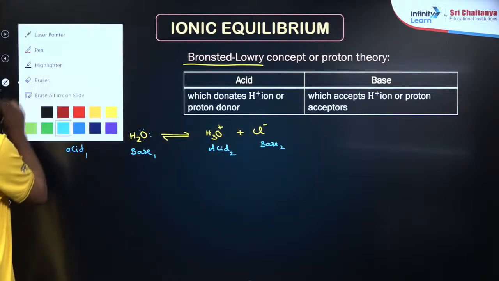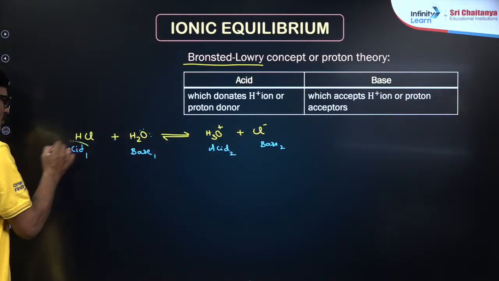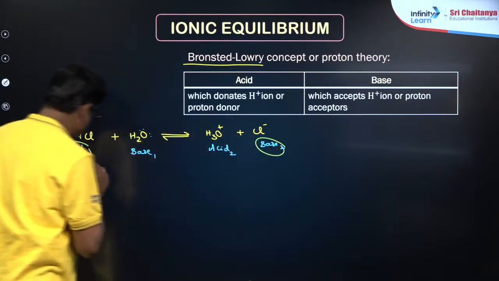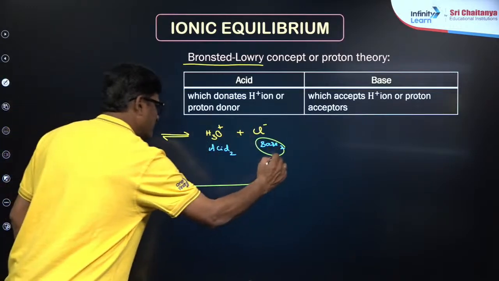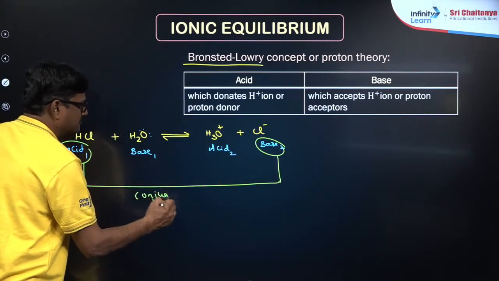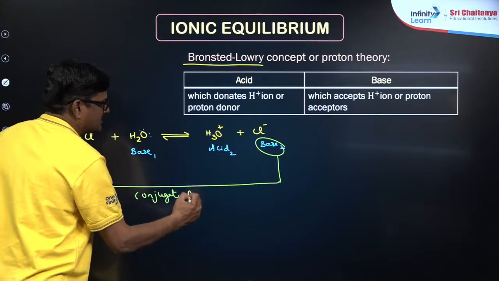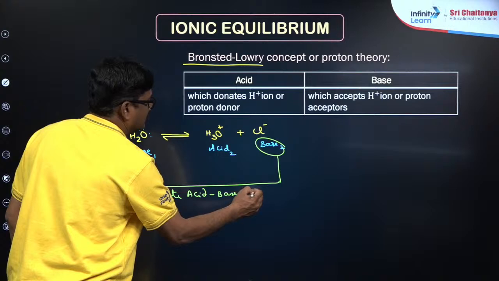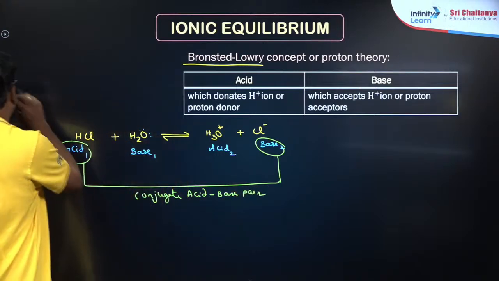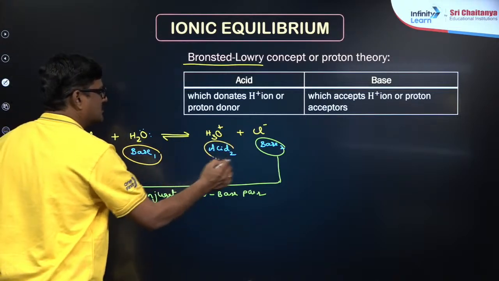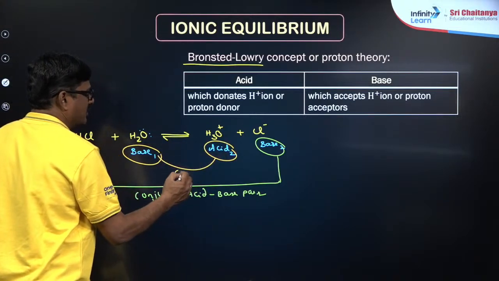Now this pair, this one and this one, is said to be a conjugate acid base pair. And base 1 and acid 2, again a conjugate pair.